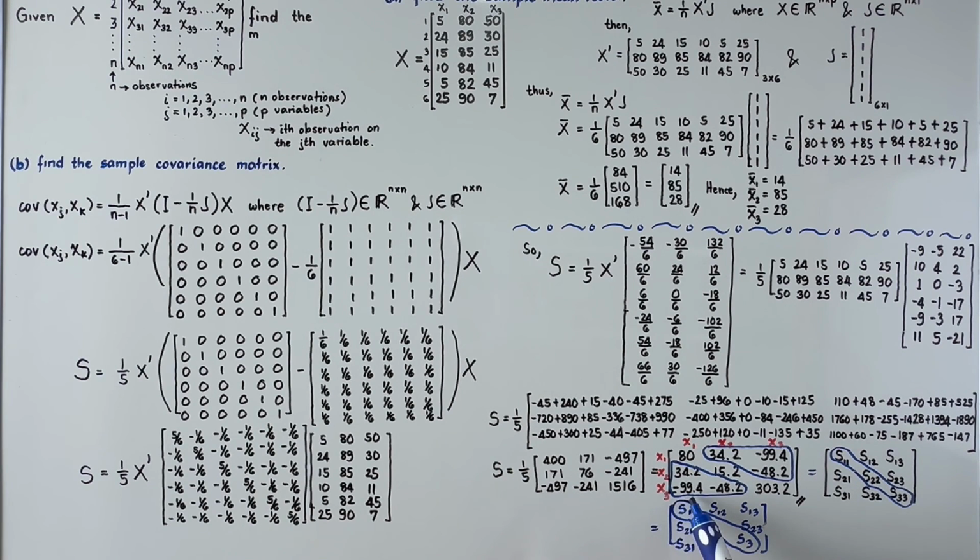Also this one, this negative 99.4, is the sample covariance between the third variable and the first variable, which is the same as the sample covariance between the first variable and the third variable. So it's commutative here. So also this one, it's the sample covariance between the second variable and the third variable, which is the same as the sample covariance between the third variable and the second variable here.